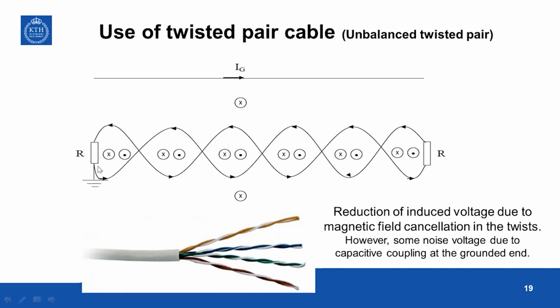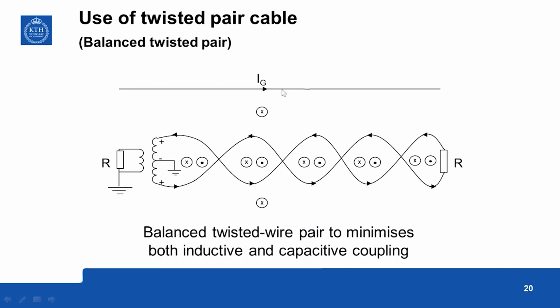Even that capacitive coupling can be eliminated if you use a balanced twisted pair. The idea is that you don't connect the resistance directly, but use some sort of a transformer where the central part is connected to the ground. Then when you have this capacitive coupling, the currents are injected here and coming to the ground, positive and negative, and the currents are injected into this.